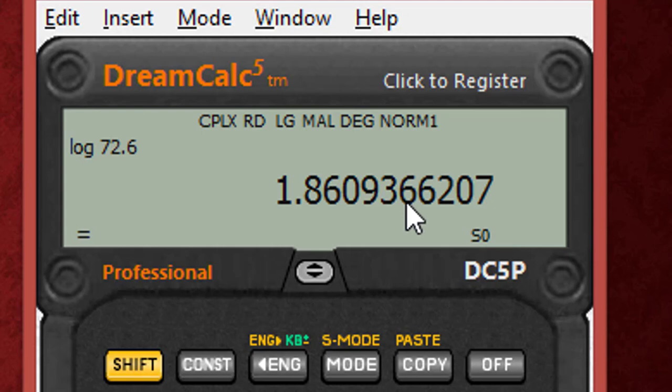If we approximate 7 to this 4 and this 3 becomes 4, the approximation of 4 will give 0. If you remember, approximation from 0 to 4 will give 0, and approximation from 5 to 9 will give 1. So if you approximate the 4, that's 0. That means we'll still have 1.8609 as our logarithm for 72.6.